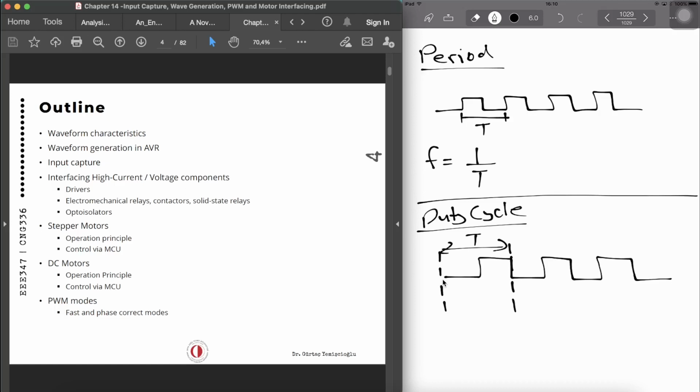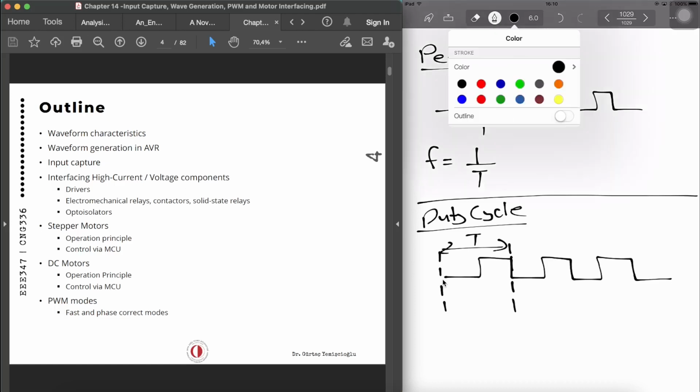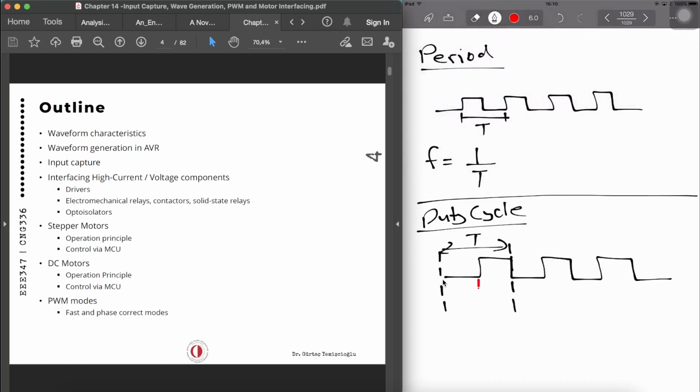Now, when we think about the period, there's a high time and a low time of the period. So this is T0, let's say, and this is T1. So we actually have the high pulse and the low pulse.